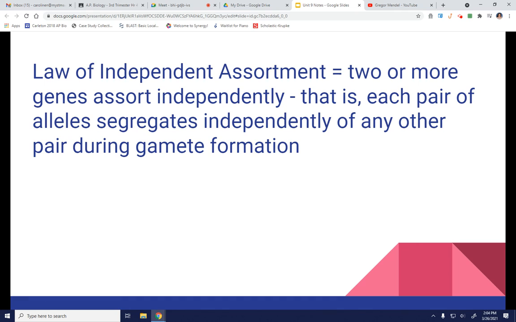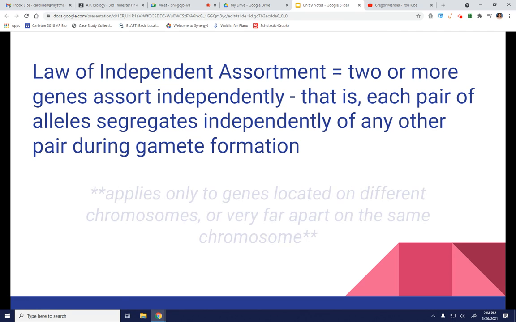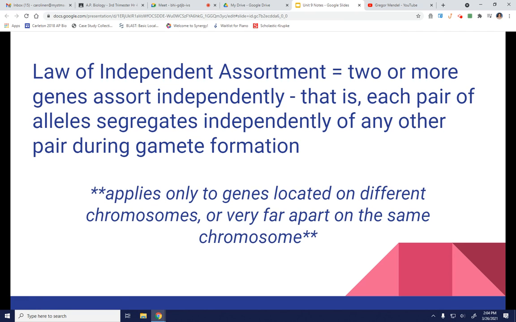Now again, there are exceptions, as with most things, as we've learned more about how genetics and biology work. This is true of genes located on different chromosomes. Obviously, now that we know what chromosomes are and where DNA is, it's easy to see that a gene on this chromosome is not going to affect one up here. It's also true of genes that are on opposite ends of the same chromosome because of crossing over, which we'll talk about later.